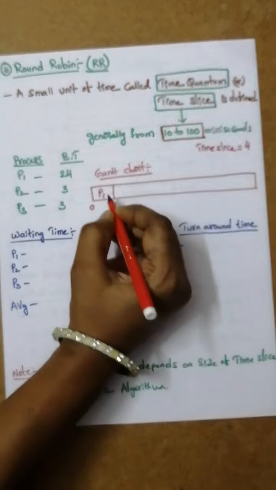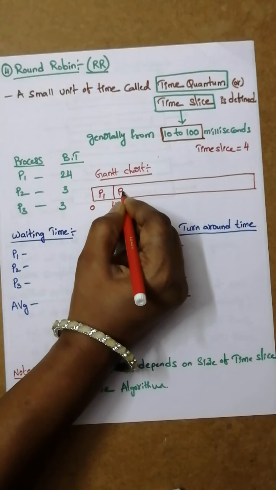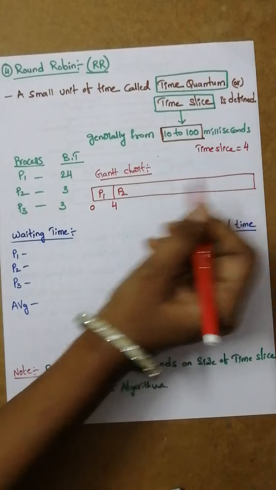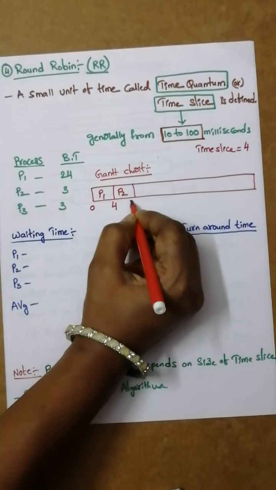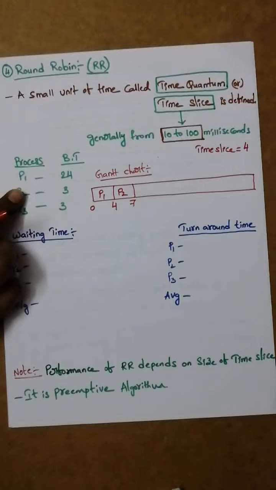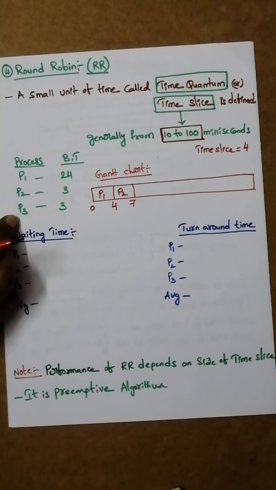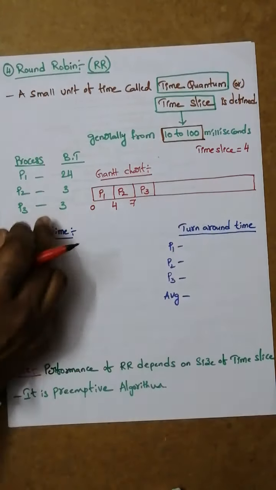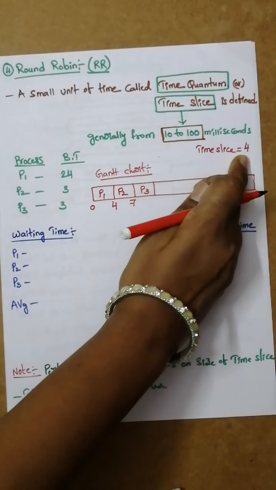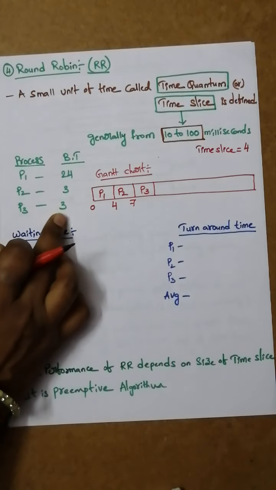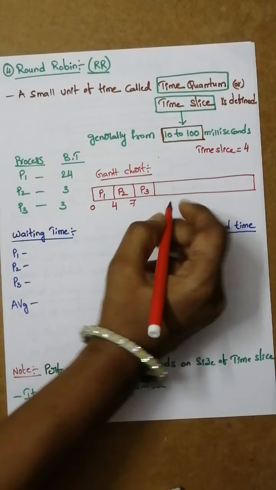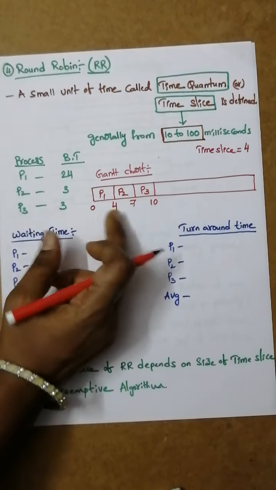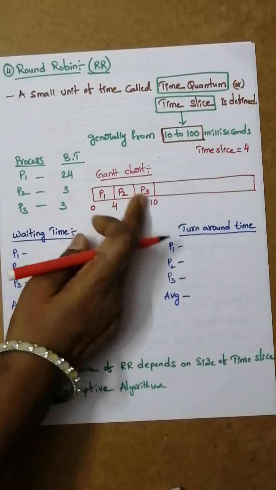So it will utilize only the execution time that it needs, because it is less than the time slice. So 4 plus 3, it is 7. So P2's turn is over. Now it is given to P3. P3 will execute for only 3 milliseconds, because it is also less than your time slice. So 7 plus 3, 10. So by this, one turn for all the three processes is done, means one round is over.